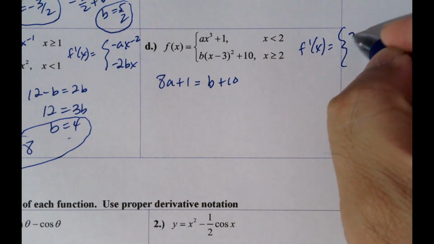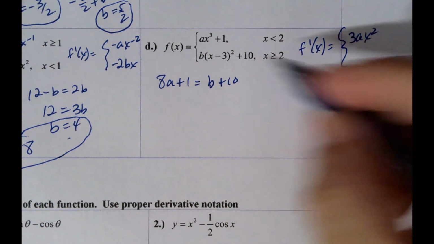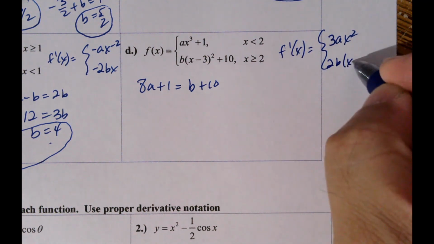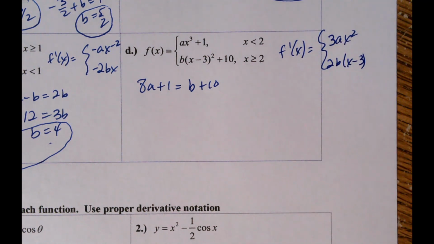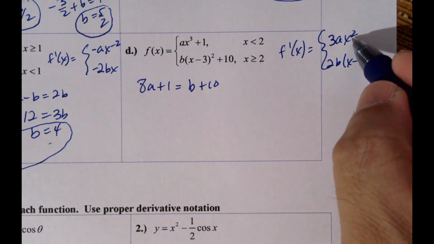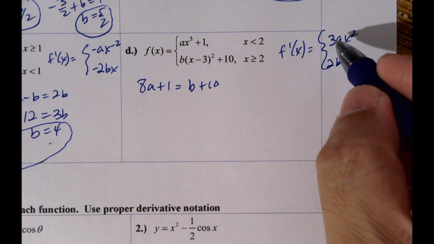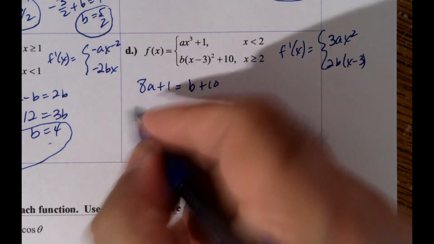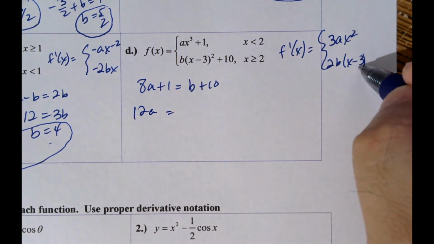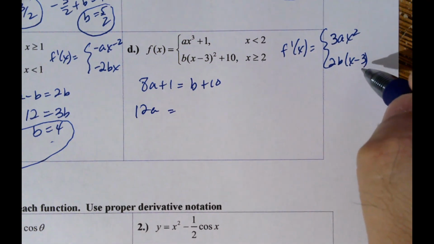So that's 3ax squared plus 1 goes away. 2bx minus 3. The plus 10 goes away. Plug in the 2. So that's going to be 4, right? 2 squared is 4. 4 times 3 is 12. 12a. Plug 2 into that expression. 2 minus 3 is negative 1, so it's negative 2b.